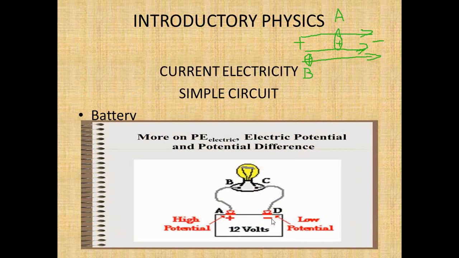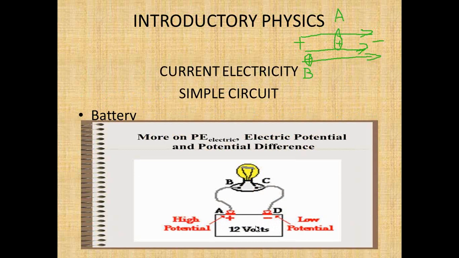The low potential terminal is going to be 0 volts. So the potential difference is 12 volts. So when a battery is rated, say 12 volts, what it means is that the electric potential difference, which is the volts, is 12 volts, because your high potential terminal is going to be 12 volts and the low potential terminal is going to be 0 volts.